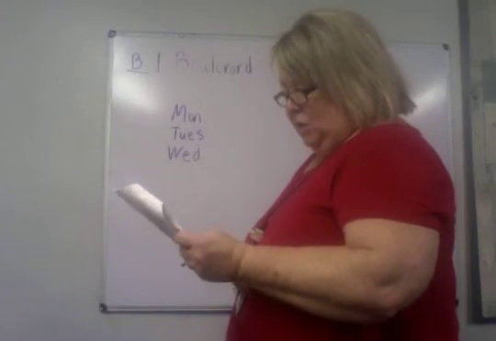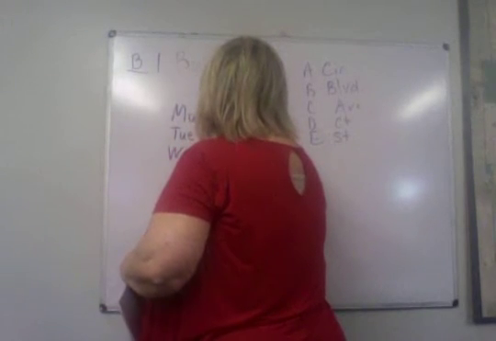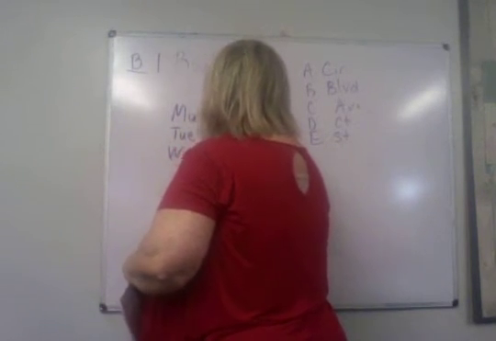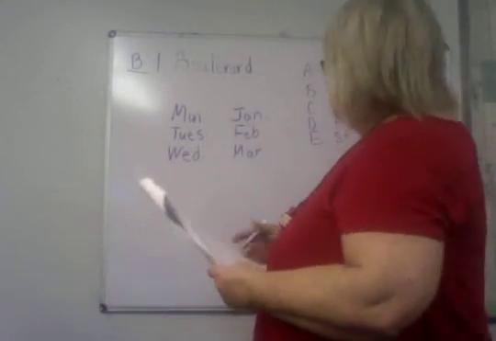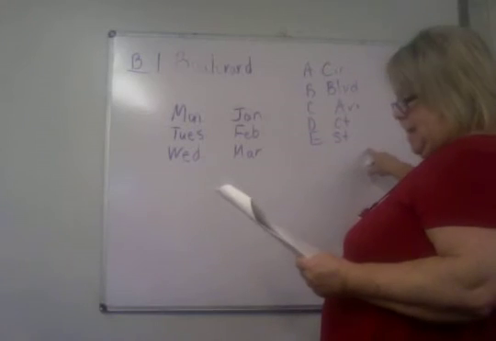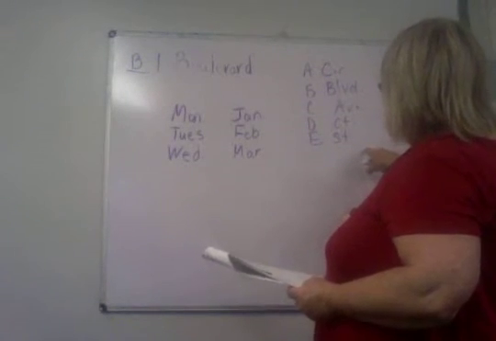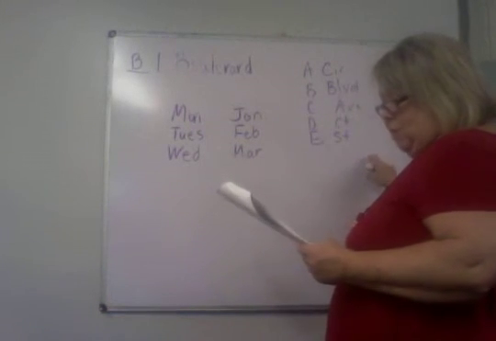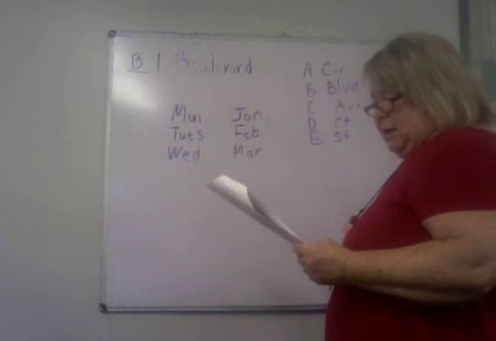Months of the year always begin with a capital letter, even if they are abbreviated. You can look back up here and see how words like boulevard, avenue, street, court, circle, how they are abbreviated and that they actually start with capital letters.